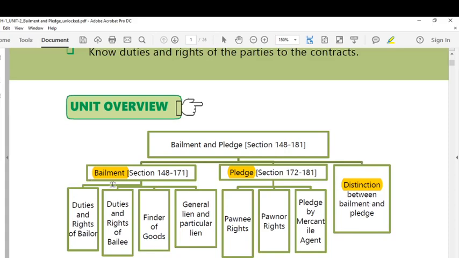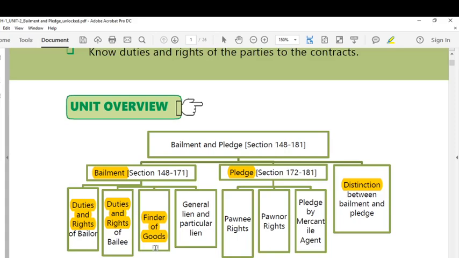When it comes to the first one, the contract of bailment, there are two parties. One party is called a bailor, and the other party is called a bailee. So these are the two parties to a contract of bailment. The topics are: one, duties and rights of a bailor; second, duties and rights of a bailee; and another topic is about the finder of goods lost. What are his rights and duties?